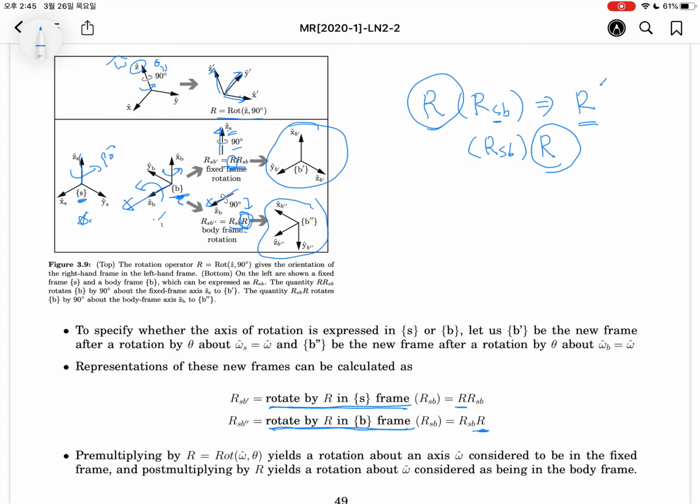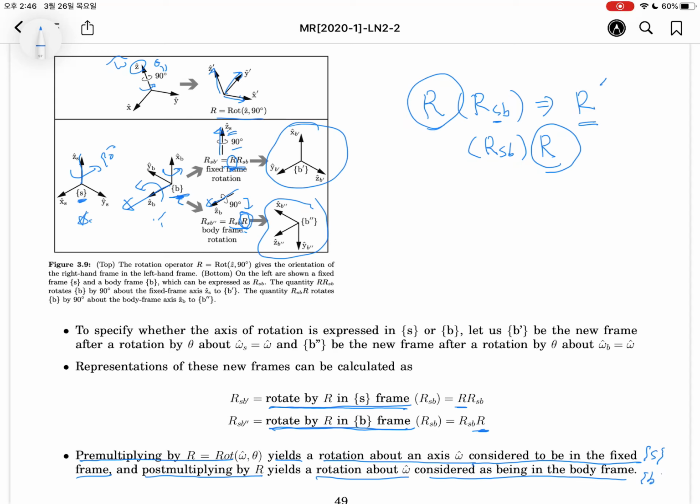Okay, let's summarize again. Pre-multiplication by R yields rotation about the axis considered to be in the fixed frame. That means the S frame. Post-multiplication of R produces a rotation about the axis, the rotation axis, considered as being in the body frame.